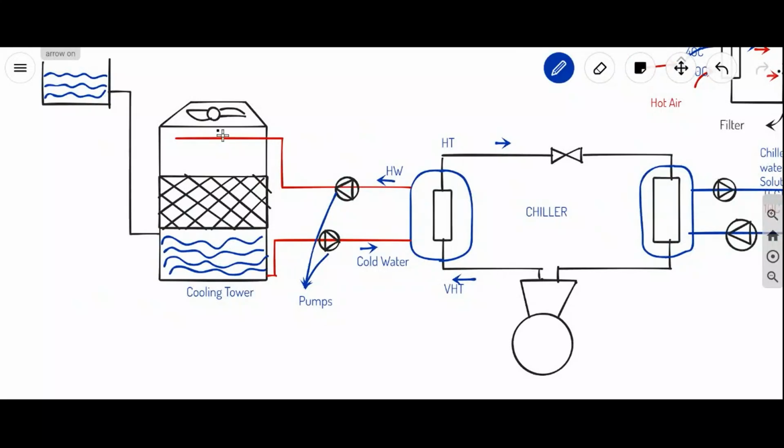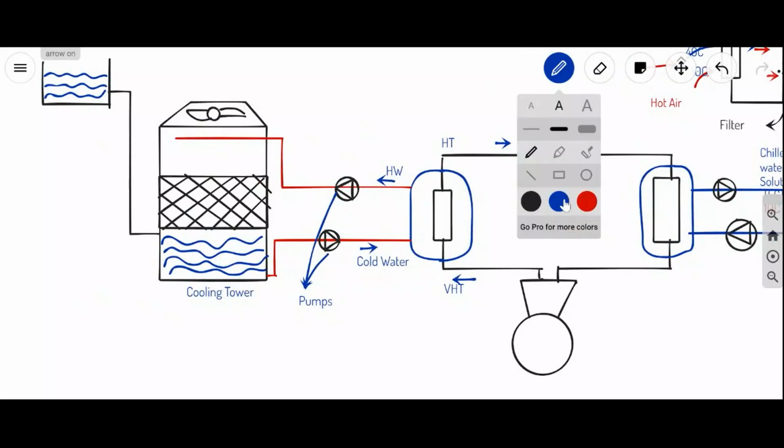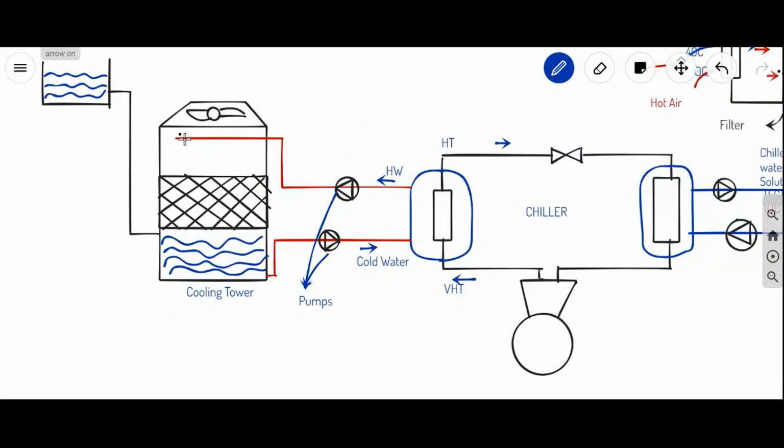In the cooling tower, we'll spray this water. While spraying, we use an axial fan on the top to remove heat from this water. Again, this water will get cooled down and will be pumped back to the condenser, and again it will cool the refrigerant.